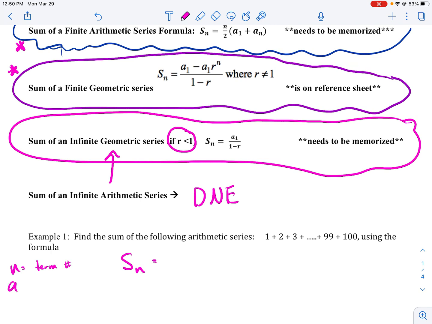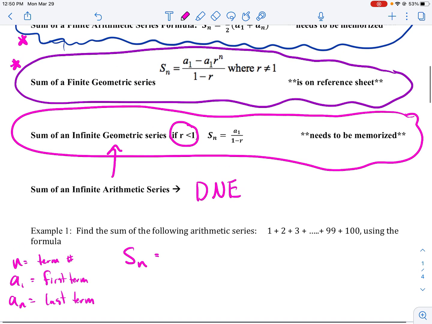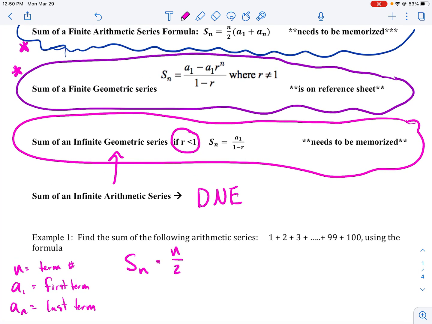Again, a sub 1 is your first term. A sub n is your last term. So S sub n is equal to n divided by 2, a sub 1 plus a sub n.